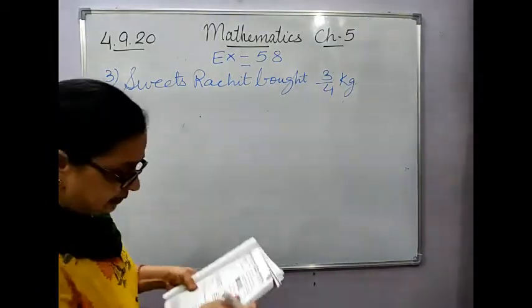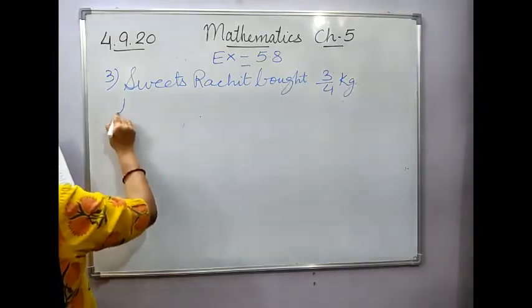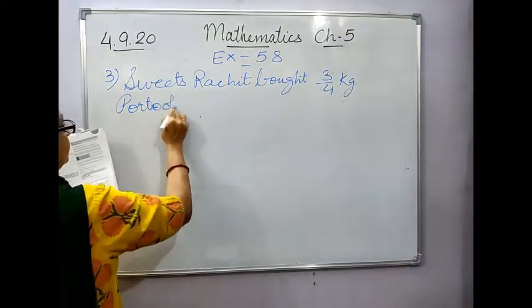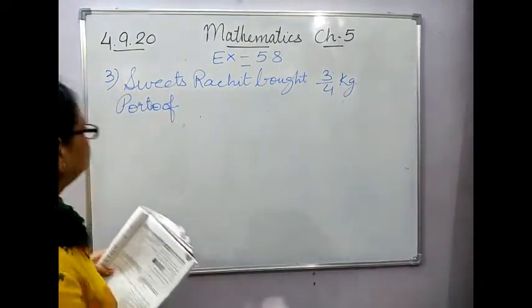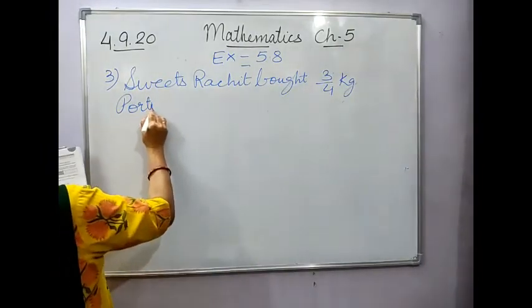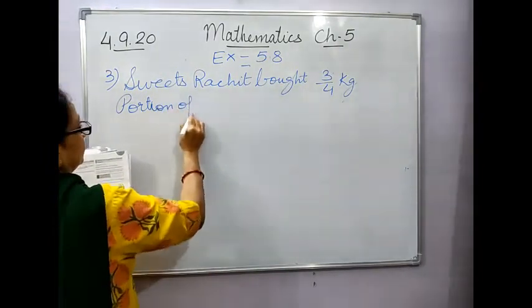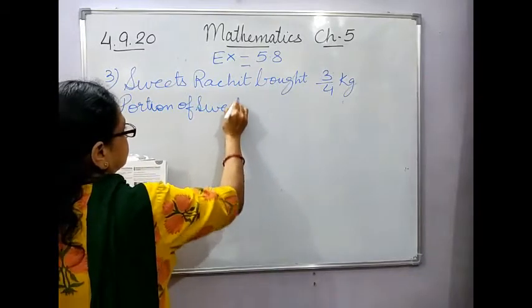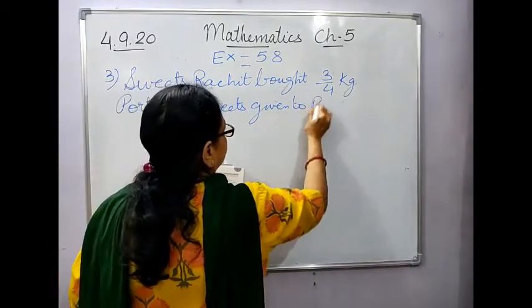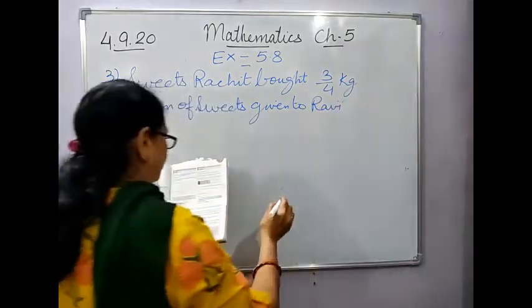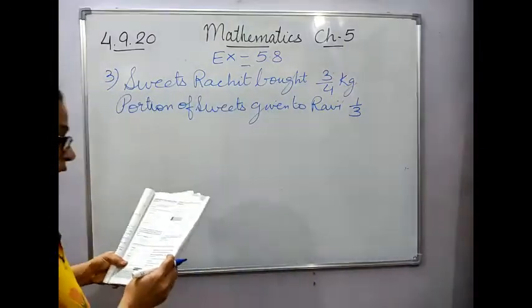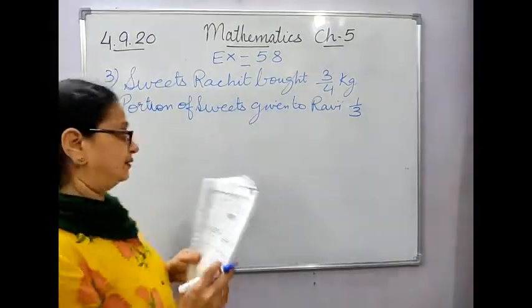Portion of sweets given to Ravi, and how much is it? 1/3. Now what you have to find out is how much sweets did Ravi get.